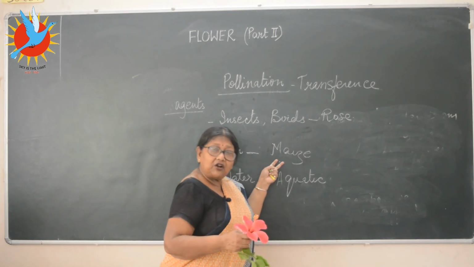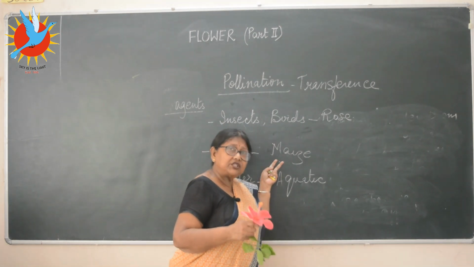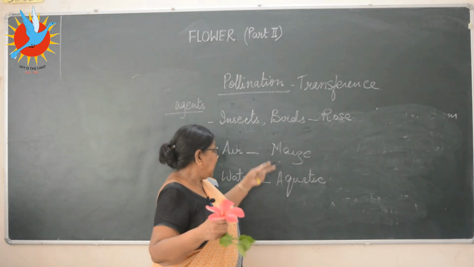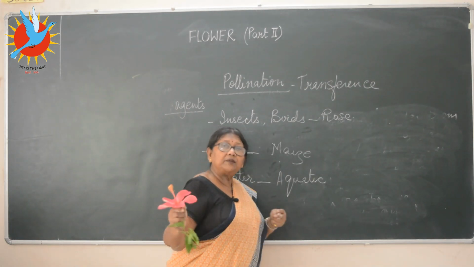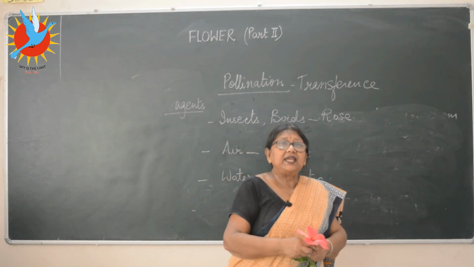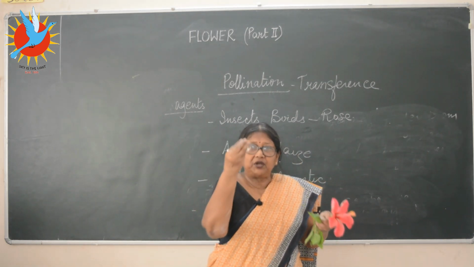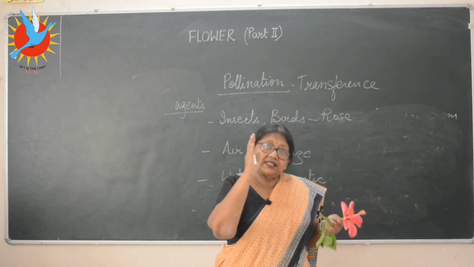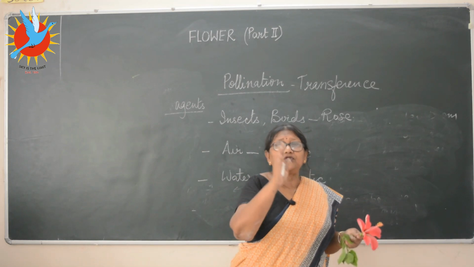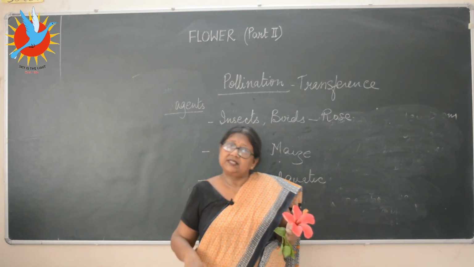Here, flowers may not be very conspicuous, but they have to produce a large number of pollen grains, light and in abundance. And aquatic plants are also carried by the water and taken to the stigma. Wherever they get a stigma in between, they get stuck because the stigma is sticky, and this is pollination. Very easy. Pollination you have done today, self and cross, and the various agents.